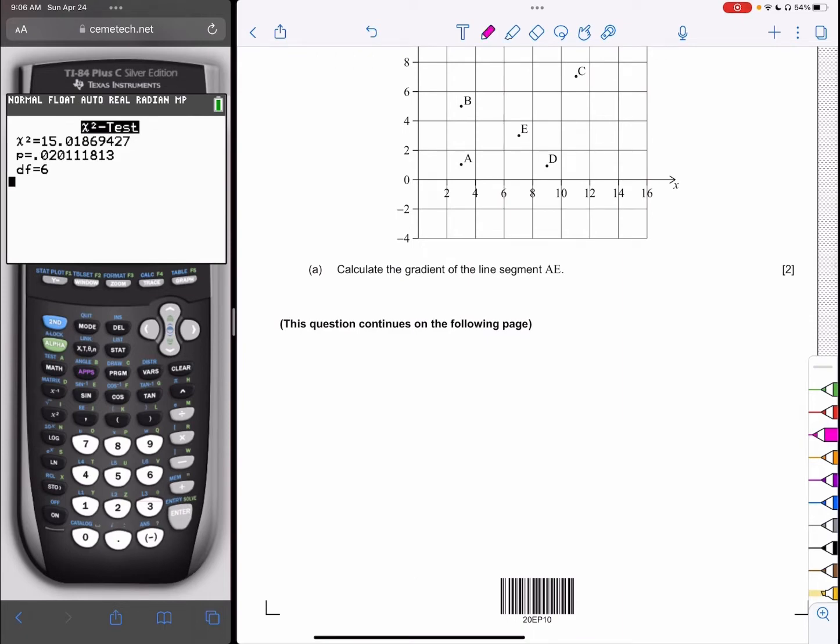So for line segment AE, I see that A is located at (3,1), and I see that E is located at (7,3). So (3,1) and (7,3).